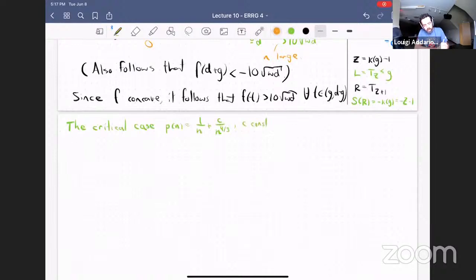Right, so before we get there, let me remind you, we've now seen that for p of the form, when p minus 1 over n is much less than negative 1 on n to the 4/3, the size of the largest component is little o of n to the 2/3 in probability.